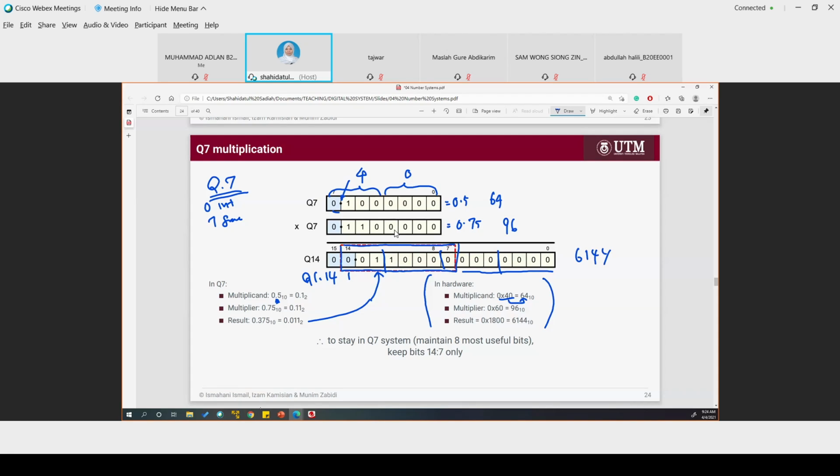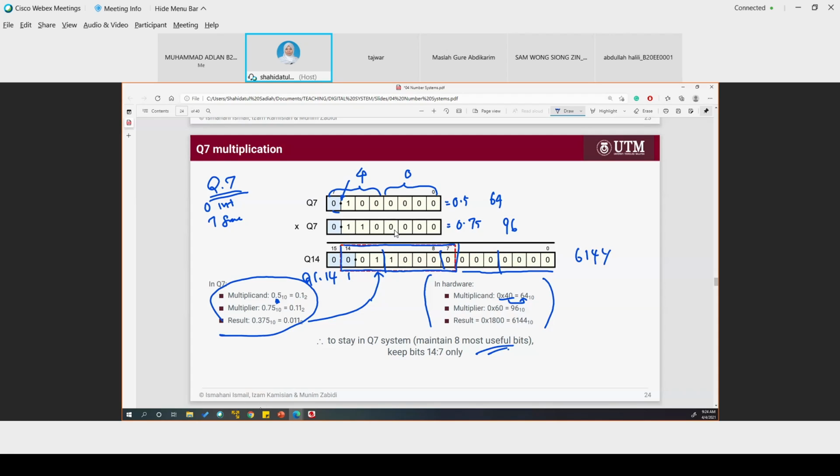But this is what the designer wants, so we want to stay in the 8 most useful bits. So we only keep the bits from 7 to 14 for Q7.